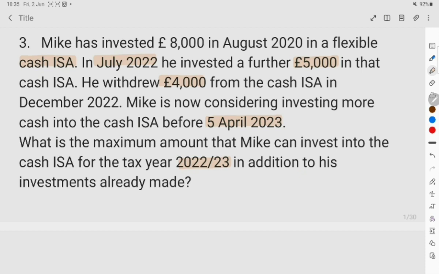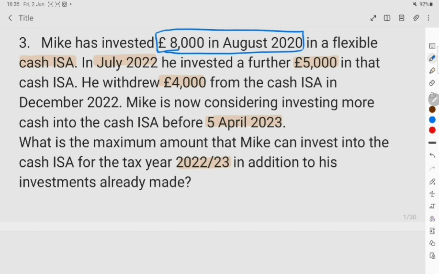So this question is selected because we have to consider this point, that only current year investment and withdrawal has to be considered for this further investment amount. Means the amount already invested in the year 2021 of 8,000 should not be considered.